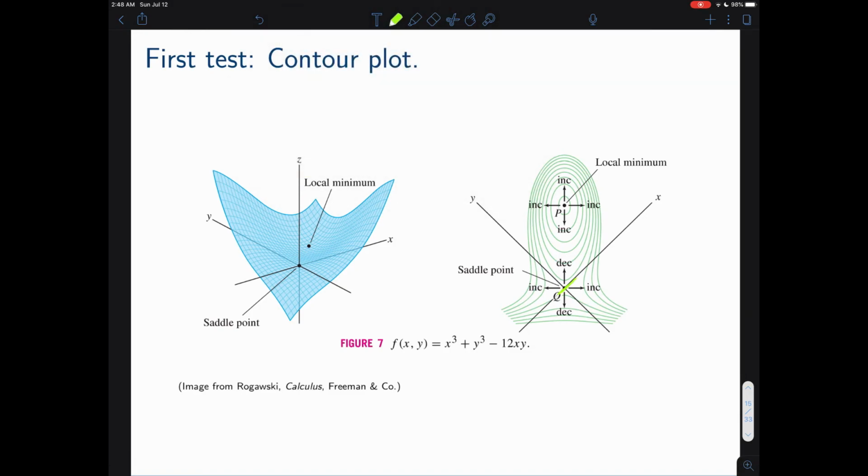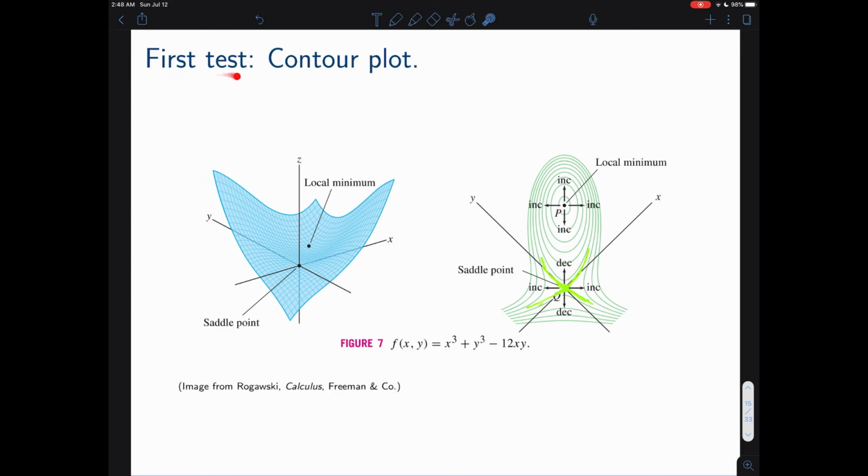Like it would go up like this in between the ones that they drew, and then crosses and goes up in between that way. So they're kind of bent, but at this critical point, those contour lines cross each other, and then you can see that none of the contour lines go around that point. So that's what makes it recognizably a critical point that isn't a maximum or a minimum.